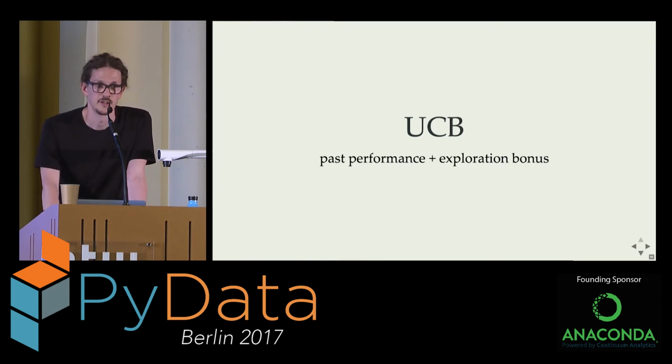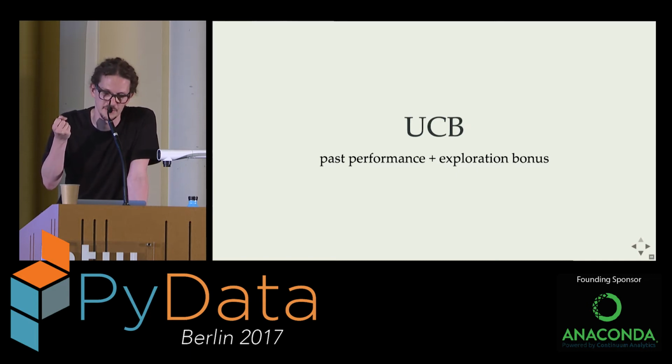How does it work? UCB basically has 2 components which it uses to determine the next best bandit to play. For one, it uses the past performance. So I played it 5 times, I got a token 5 times, pretty good, right?